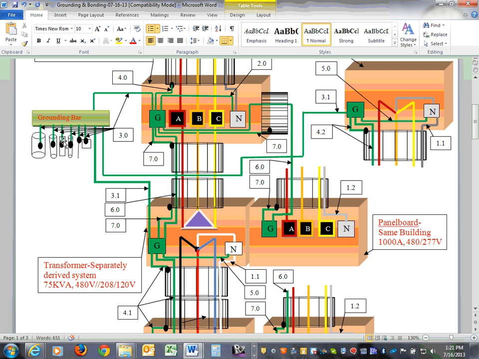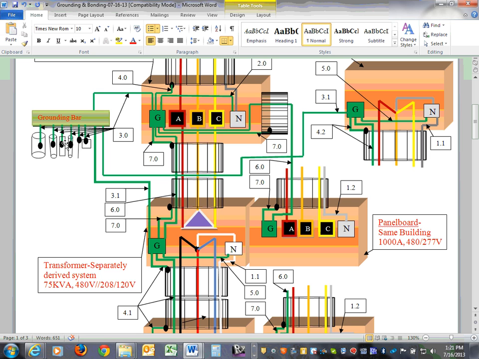This is the grounding steel of the building, the steel of the building or concrete-encased electrode. This is grounding the water. This is if you have a big tank in the ground; the NEC code book approves a metallic tank, and you can tie to it to establish the so-called grounding electrode system. So these are all approved methods of the grounding electrode system. The NEC code book says you only need one.